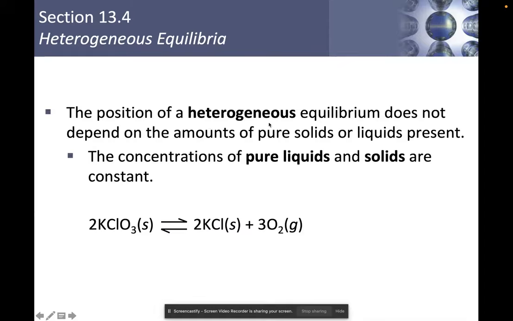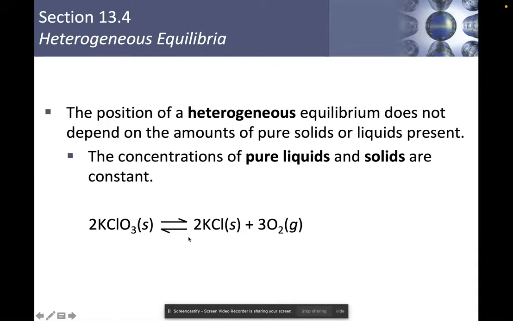Well, heterogeneous equilibrium does not depend upon solids and liquids that are present in your reaction. The short answer of why we don't include liquids and solids in our equilibrium expression is because they have a constant concentration that doesn't change. Aqueous and gaseous species can change in concentration, whereas pure liquids and solids can't.